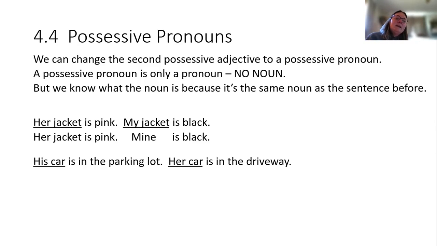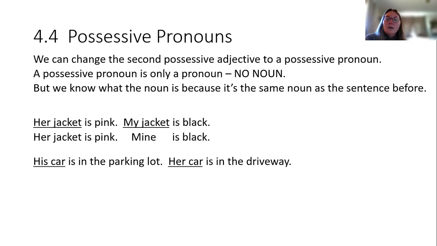Let's take a look. The second sentence I put on the previous slide was this. His car is in the parking lot. Her car is in the driveway. Let's keep the first sentence. His car is in the parking lot. His is a possessive adjective describing or connecting to car. But let's change her car to a possessive pronoun.